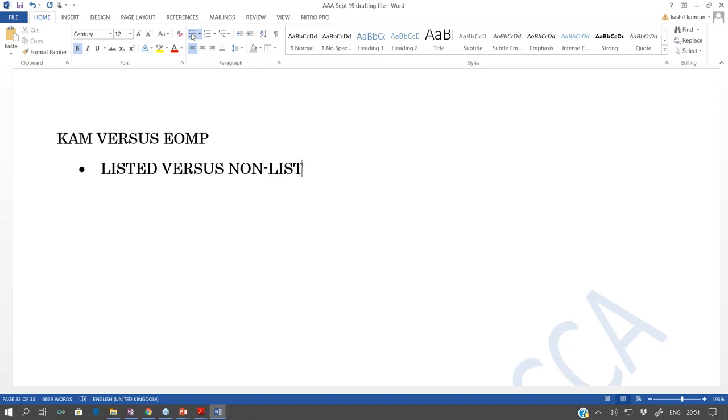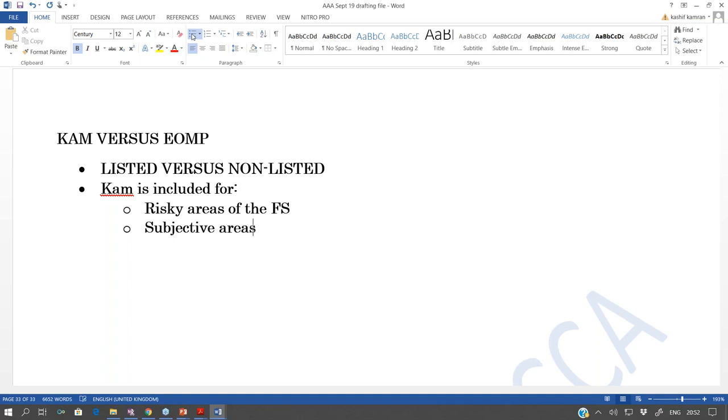That's one. Second, CAM is for significant areas of the financial statements. CAM is included for number one, risky areas of the financial statements. CAM is included for subjective areas like fair values, provisions.